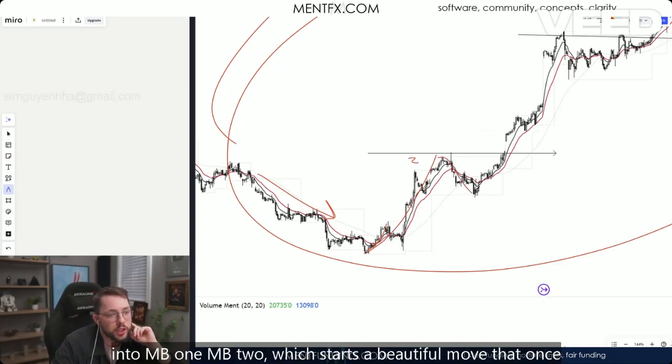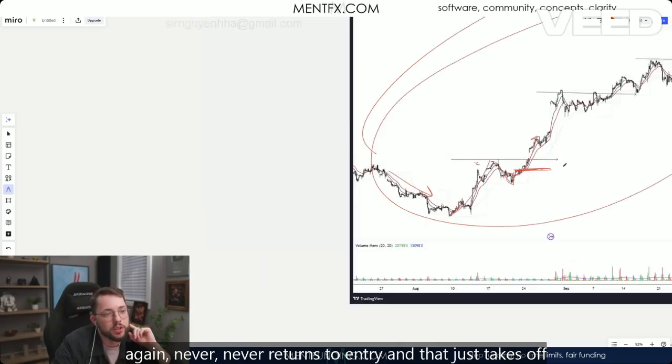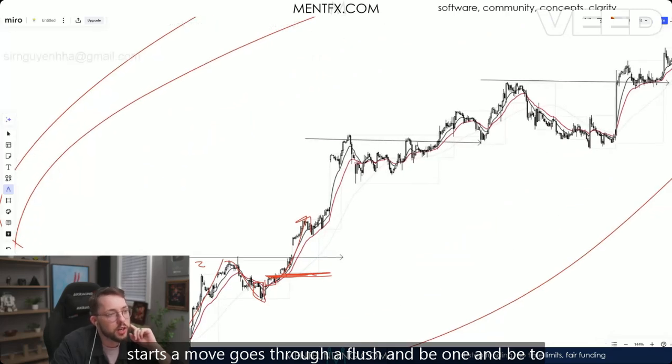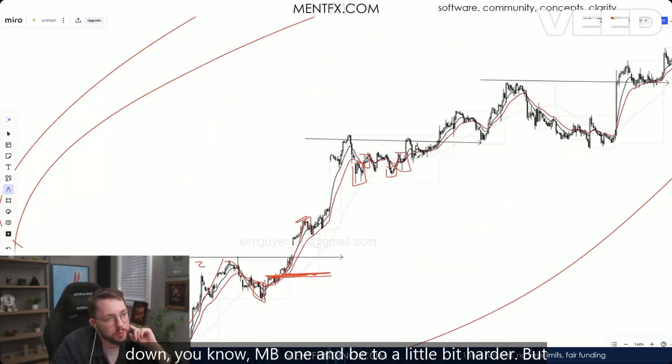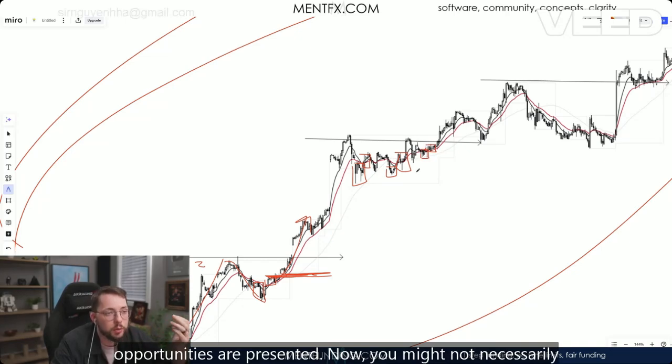Into a flush into MB1, MB2, which starts a beautiful move that once again never returns to entry, and just takes off. Starts a move, goes through a flush, MB1, MB2, flushes deeper, MB1, MB2, flushes back down, MB1, MB2, a little bit harder, but these are opportunities, and this is how opportunities are presented.